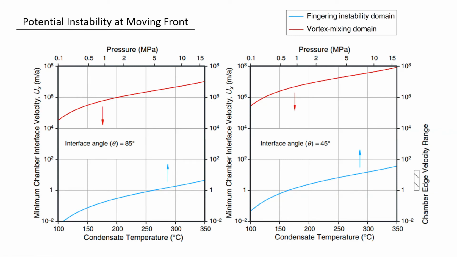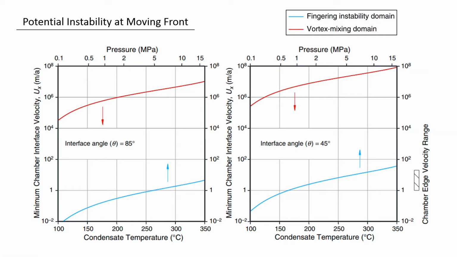One is fingering and one is vortex mixing. Anything under this red line means vortex mixing happens. So based on the velocity that we have at the edges, at high temperature, it always happens. It changes by the steam interface angle, but if you want to talk about practical values, it's always happening.